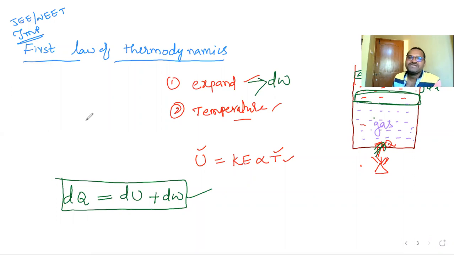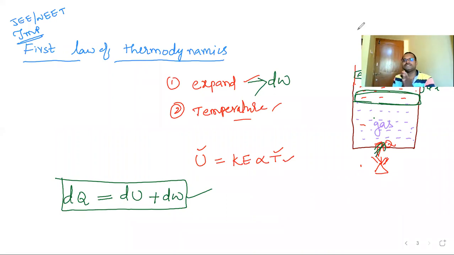Did you understand? Very easy, no? Clear? Okay, what is the first law of thermodynamics? Whatever heat energy we supply to the gas, by taking that heat energy, what can the gas do? One thing, the temperature of the gas may increase. Second thing, the gas may expand. While it is expanding, it will perform some work on the surrounding systems.